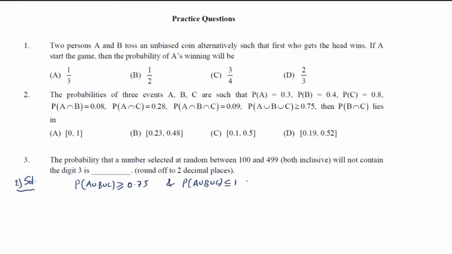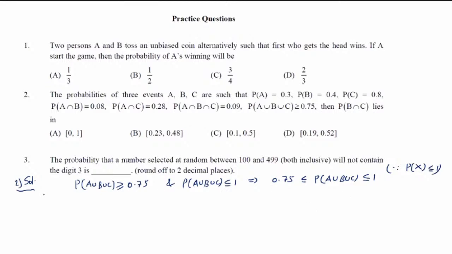So this means 0.75 is less than or equal to P of A union B union C, which is less than or equal to 1, since the probability of any event X is less than or equal to 1; probability is never greater than 1.